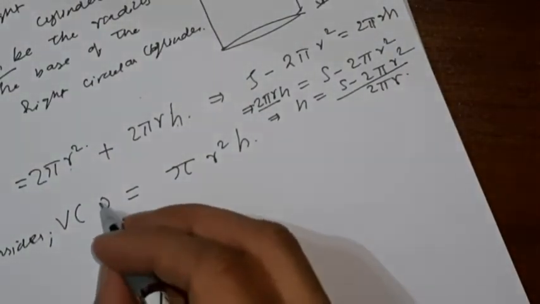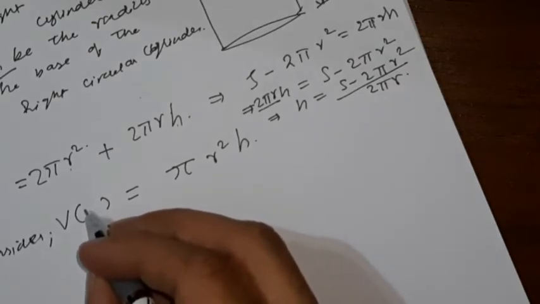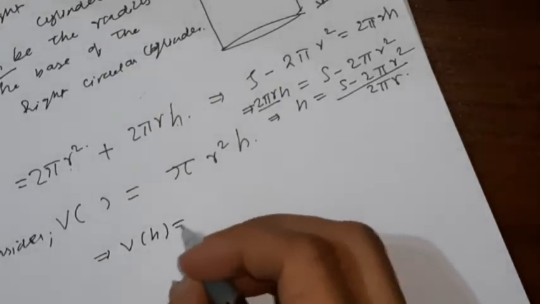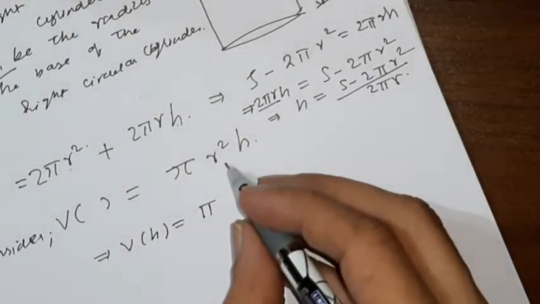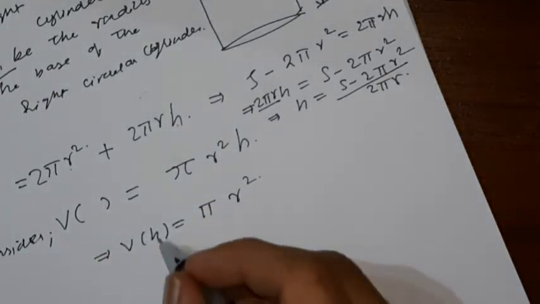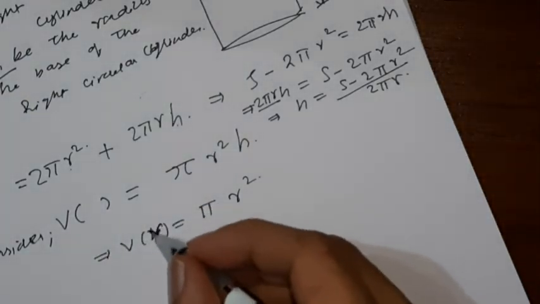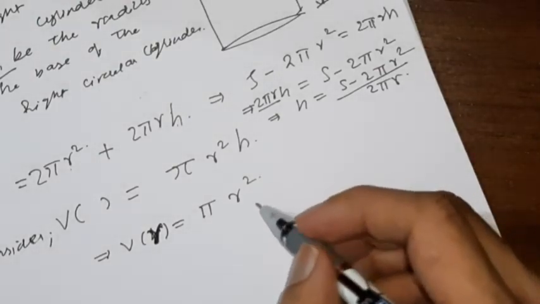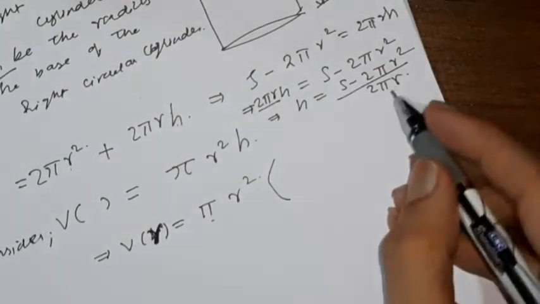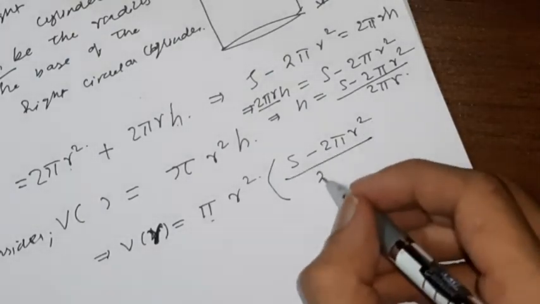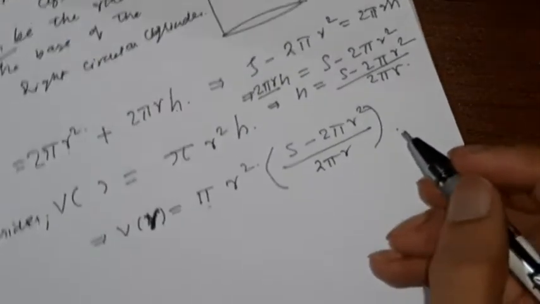So here we have to take the function of r, since h is written in terms of r. So V of r is equal to pi r square multiplied by h, that is S minus 2 pi r square divided by 2 pi r.